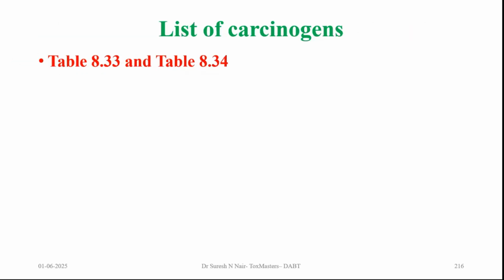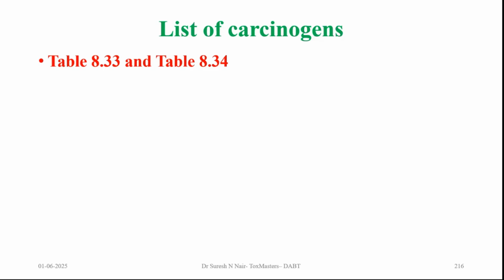Now, the list of carcinogens is a big list that is given in the Casarett and Doull textbook. You can refer to that, because I'm not including it in the presentation since it is a big list. One thing I want to emphasize is that I have covered almost 99% of the textbook. Even without reading the chapters, except these tables, just going through this presentation itself, you can completely understand 99% of what is given.